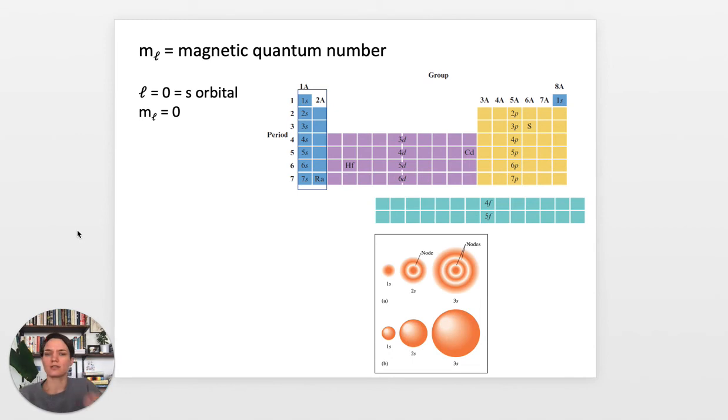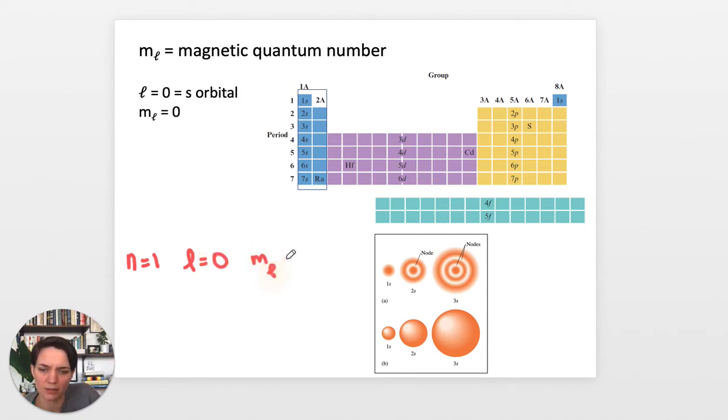So what does that actually mean? So if L is 0, we're talking about an s orbital. S orbitals are represented in our column 1 and column 2 of our periodic table. I said when we were talking about s orbitals that they can only hold 2 electrons. So if n equals 1, then L would equal 0, because L is limited to n minus 1.